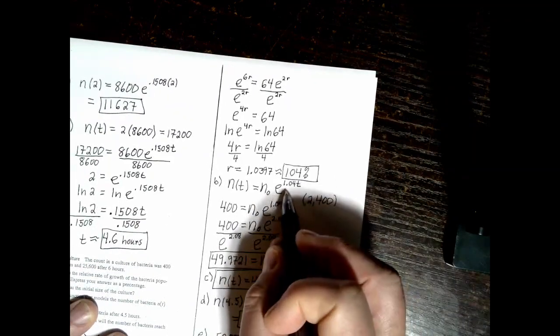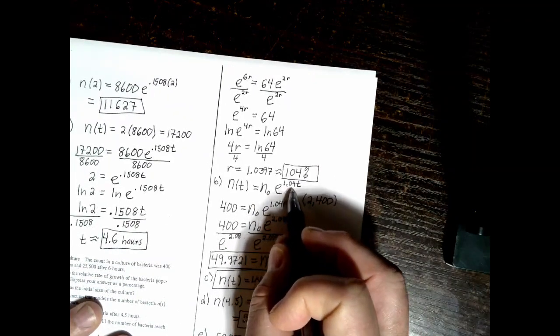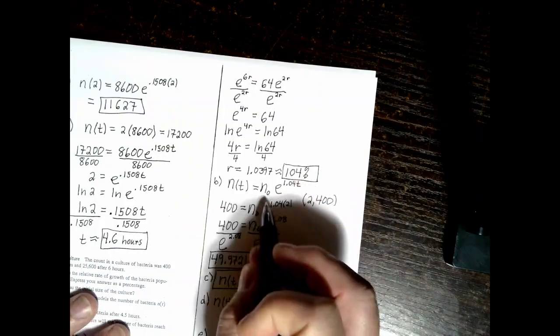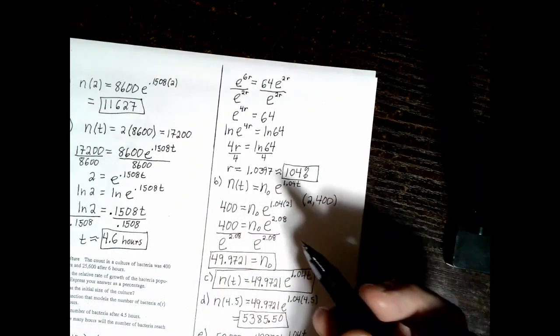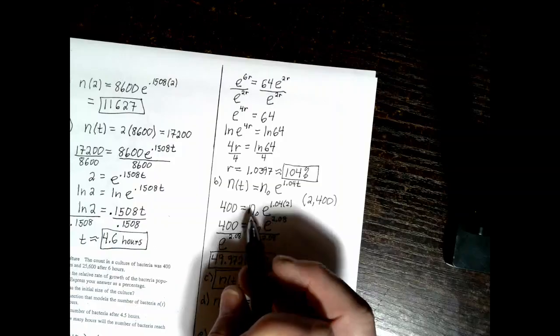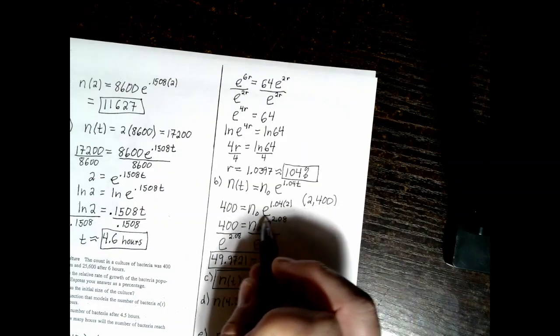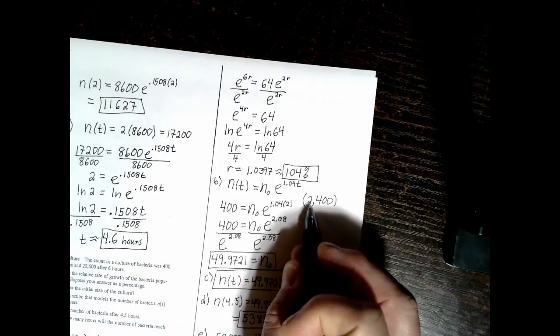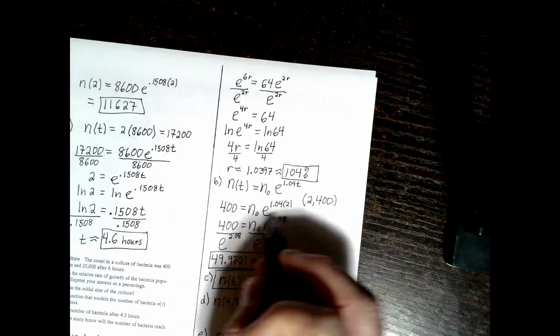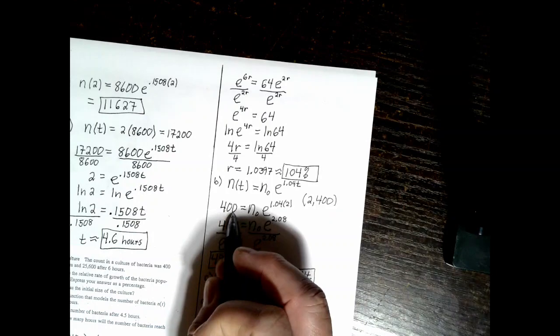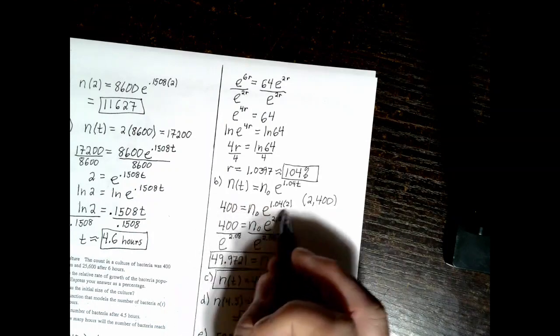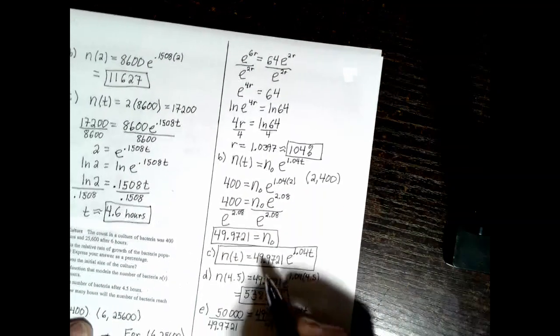Alright, so now you know your growth rate is 1.04. You don't know what n sub 0 is, but you can take either original situation and plug those in and figure out what n sub 0 is. So now you know time is 2 and n of 2 is 400. You've got everything except n sub 0, and you can figure that one out.